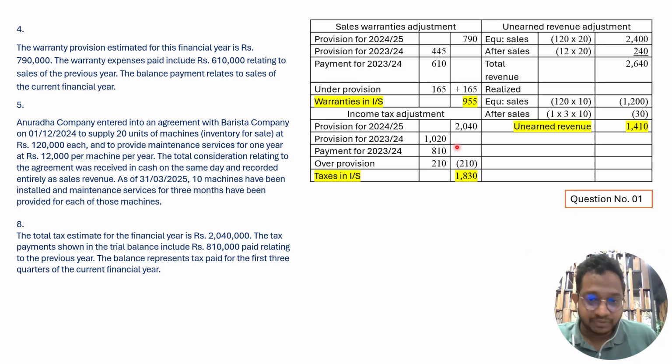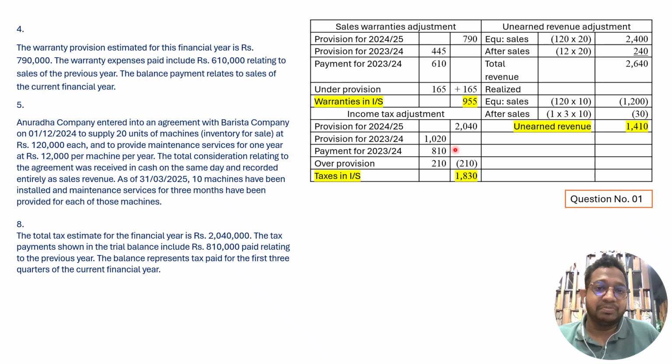So from the total provision, you should subtract the over provision, and the tax that you should identify in your income statement is 1,830. But still, the total provision for this year is 2,040, and the income tax paid that appears in the trial balance is 1,240, and this includes the tax payment for last year, 810.